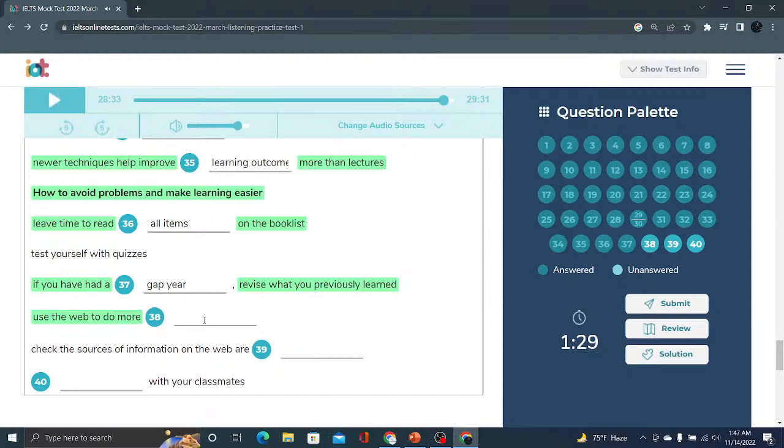Did you get the answer here? All three answers are together, and he was saying that do some extra background research.